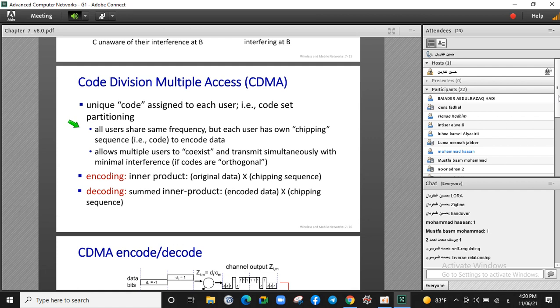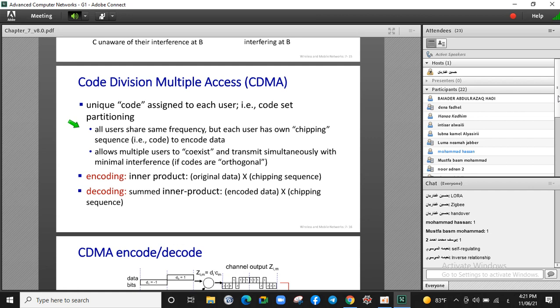For example, I can use code division multiple access or CDMA technology. In CDMA technology, firstly, I assign a special, unique code to each of those users inside my wireless network.